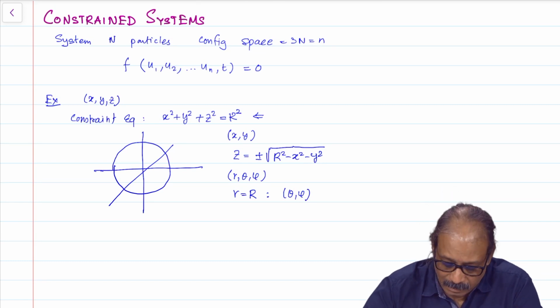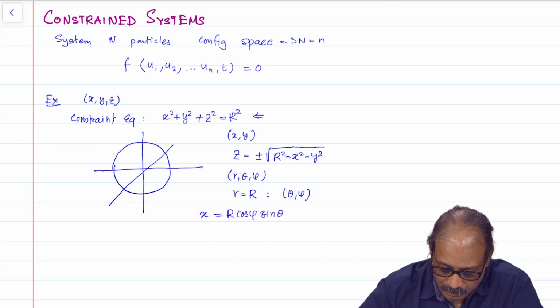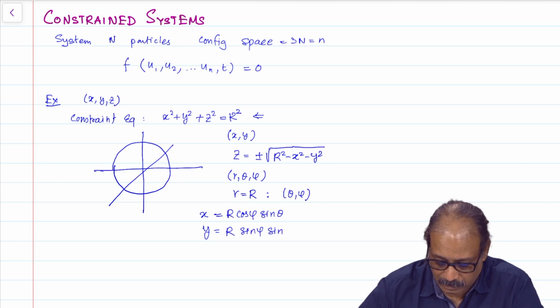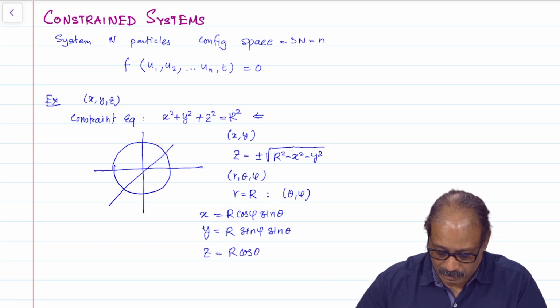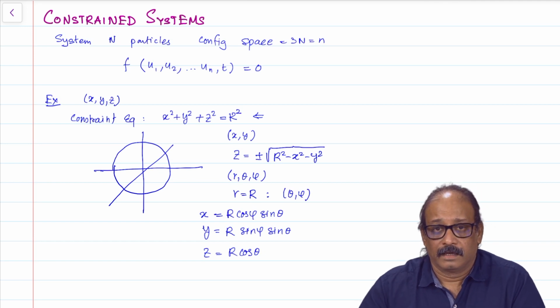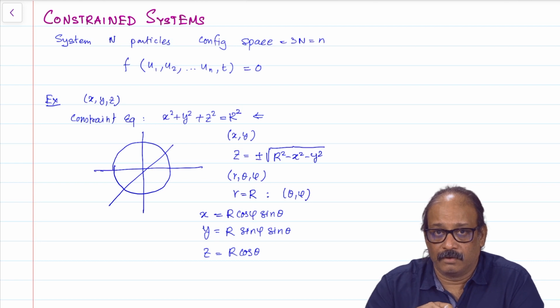Of course, it does, because if I know theta and phi, I can get x as r cos phi sin theta. Similarly, y is r sin phi sin theta, and z is r cos theta.